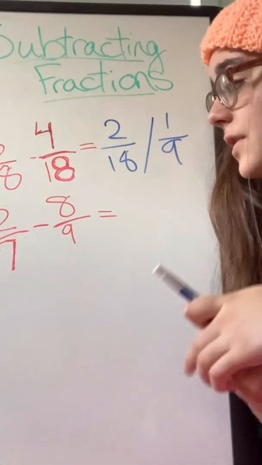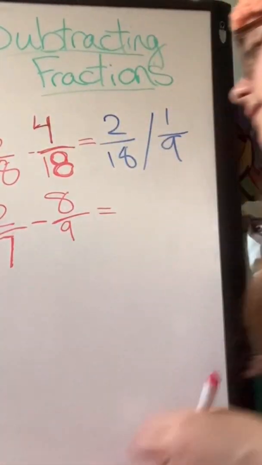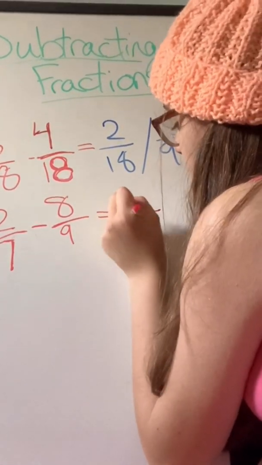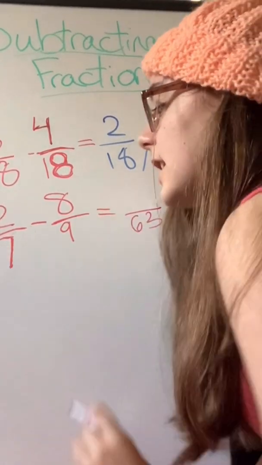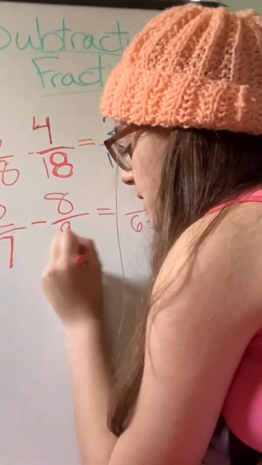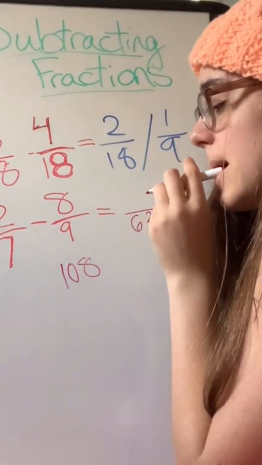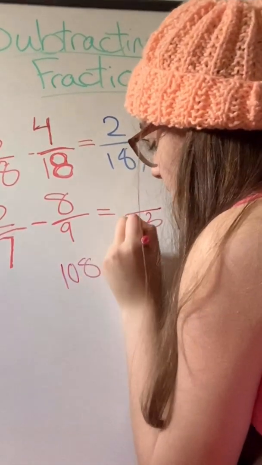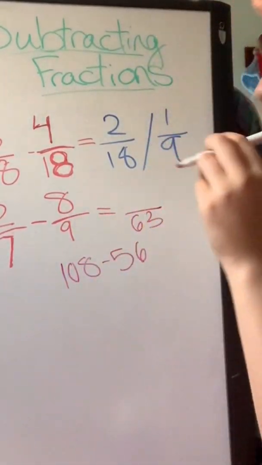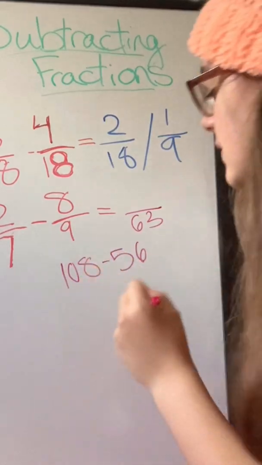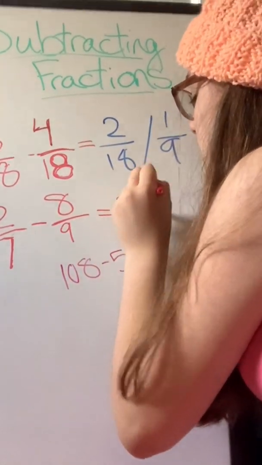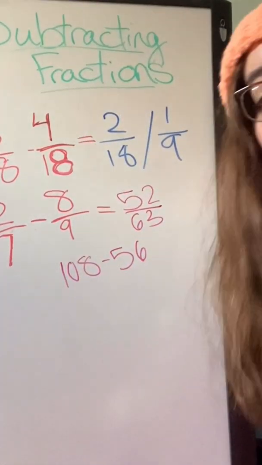Now we have 12 over 7 minus 8 over 9, which is something over 63. 12 times 9 is 108. 8 times 7 is 56. So 108 minus 56 is 52 over 63.